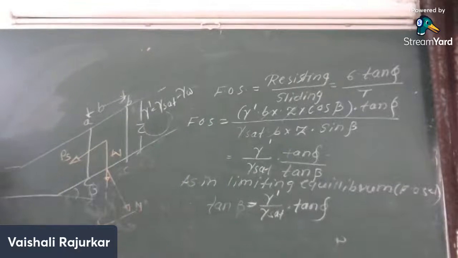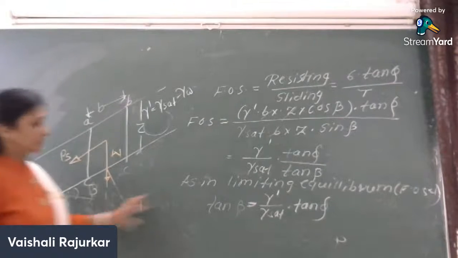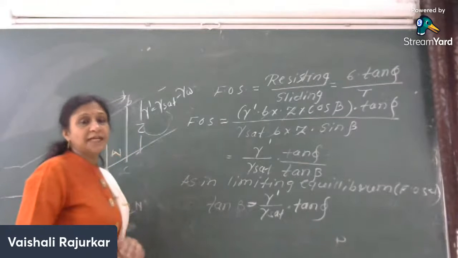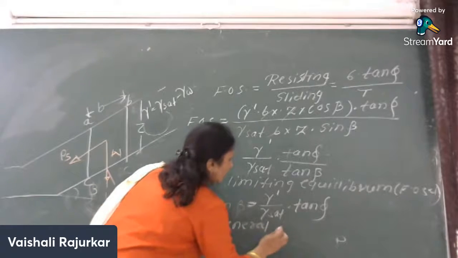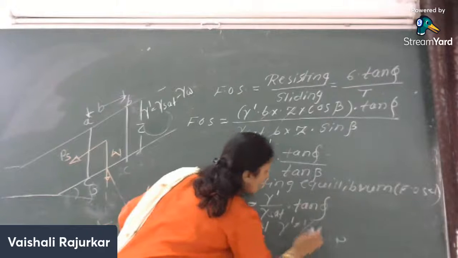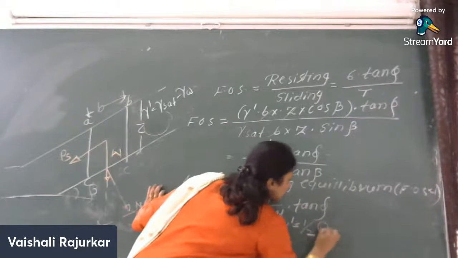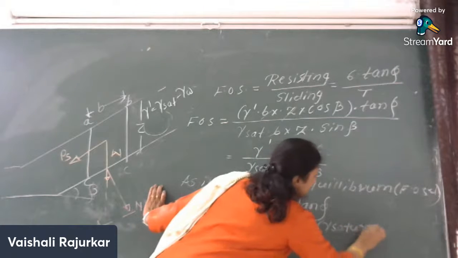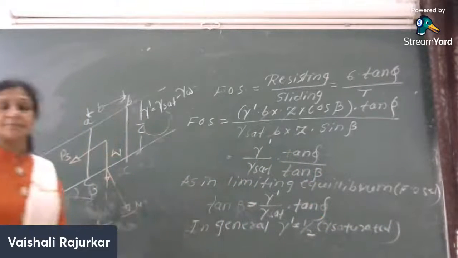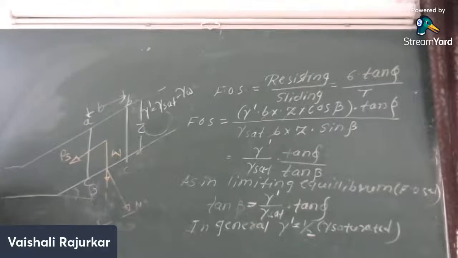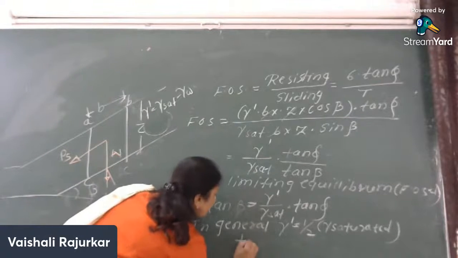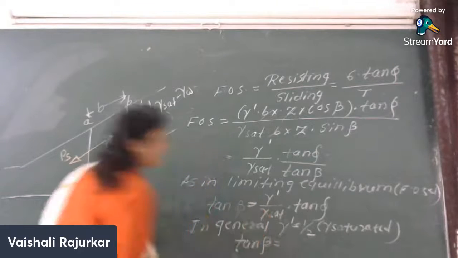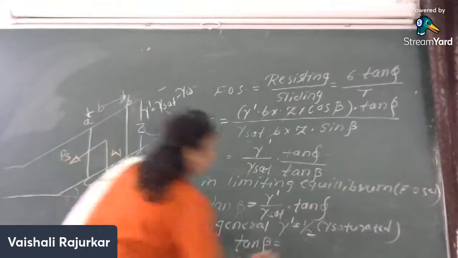In general, gamma submerged is half of gamma saturated, and therefore tan beta is equal to half of tan phi.